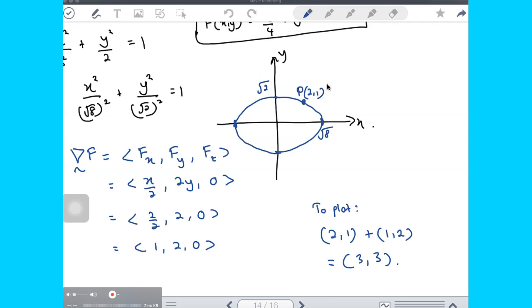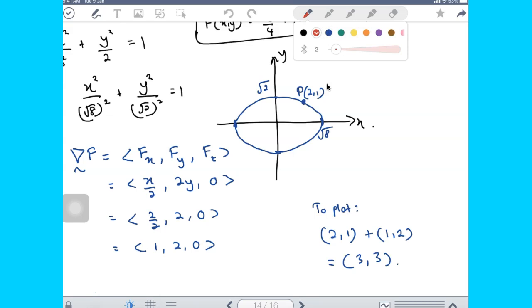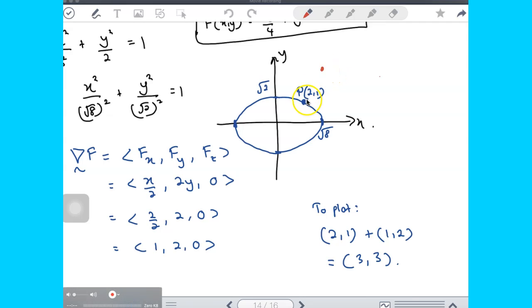I'm sure the point should be somewhere here. You can imagine that, because the gradient f here is considered as a normal vector, not the unit normal vector, but just a normal vector.